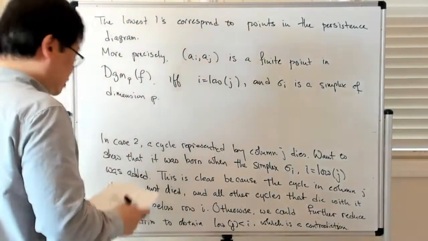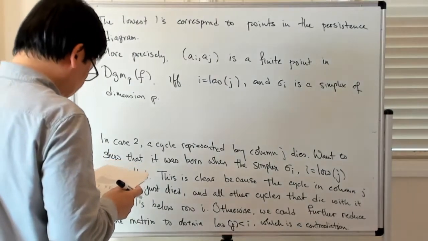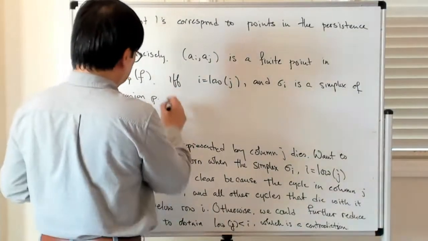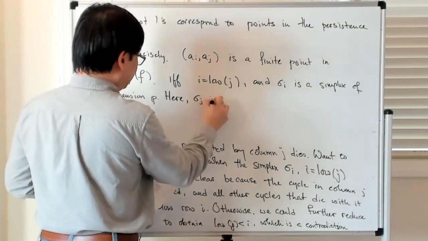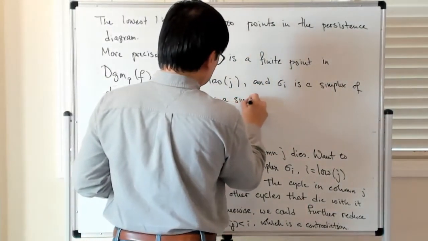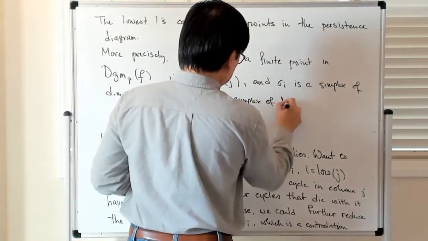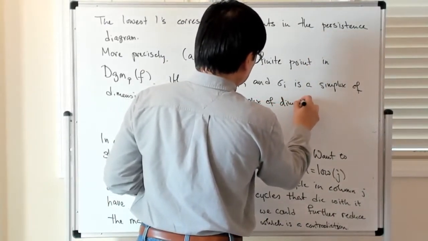Here sigma J is a simplex of dimension p plus 1.